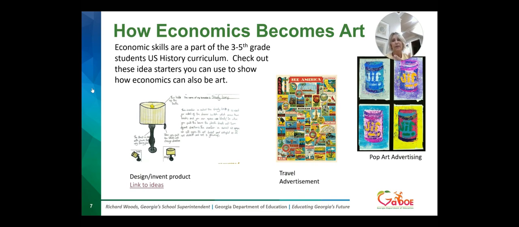Again, they go back into economics and needs and wants, and they could create an advertising design for a particular product with the pop art theme in that. So you'd have to go through the pop art section and go through some of the things they're doing in the social studies unit and what they're studying, depending on their grade level.